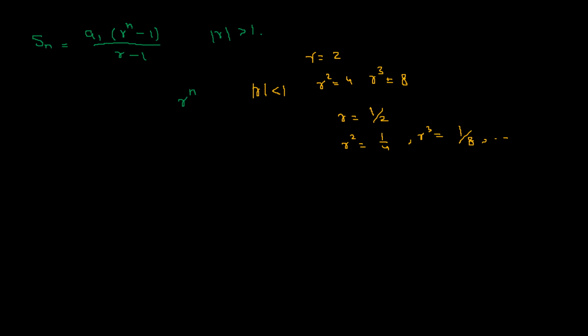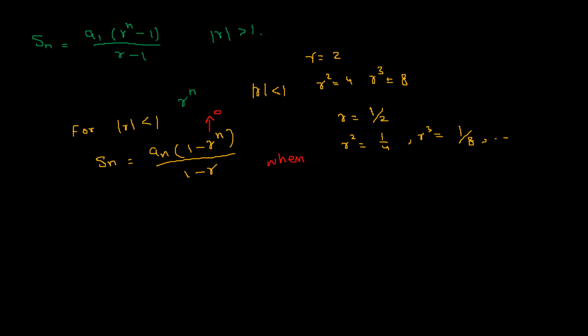So from here, as we know that for r mod less than 1, we have the formula for n terms: a1 into 1 minus r raised to power n over 1 minus r. And from here we have seen that if r mod is less than 1, then this term tends to 0 when n is increasing.